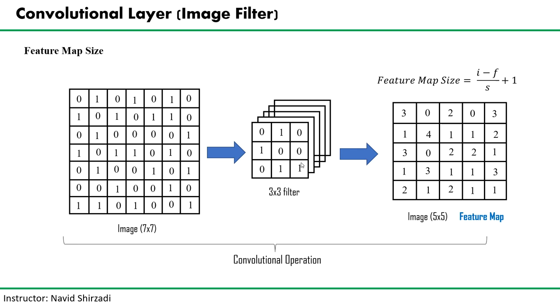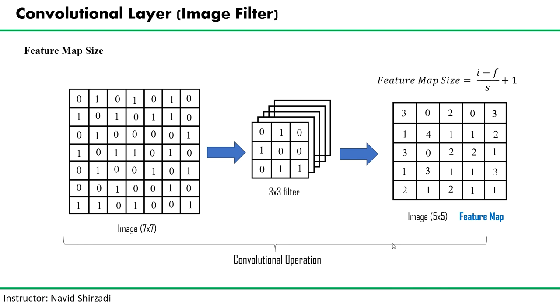And the size of the filter, that for example here is 3, so 7 minus 3. Then we divide this by the stride size, if you remember the stride size I showed you in the previous slide, it was 1. So we put 1 here, so 7 minus 3 divided by 1 plus 1 will give us the final feature map size, that is 5x5. So you can use this rule of thumb formula in order to calculate the final size of your feature map.